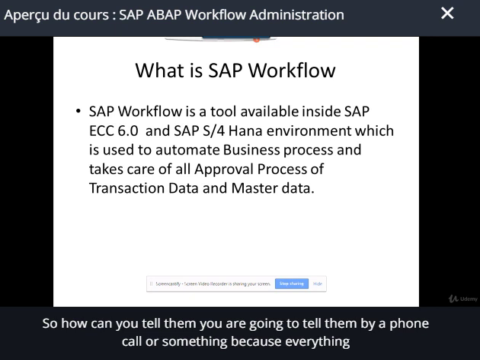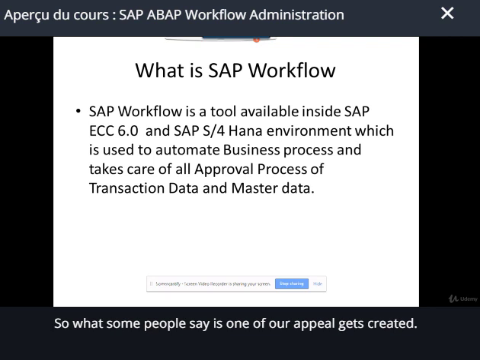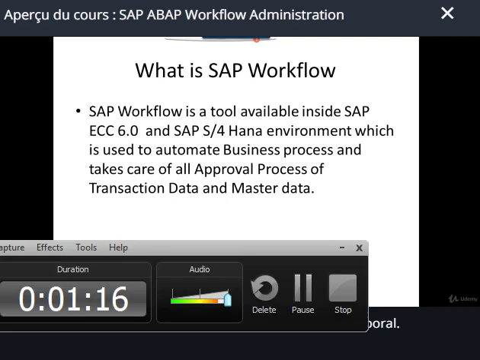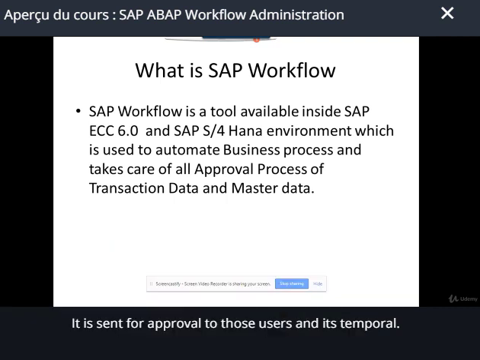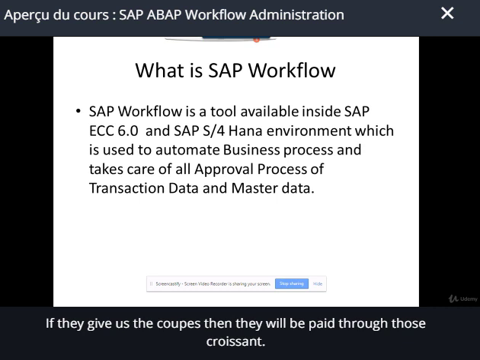You're not going to tell them by a phone call or something because everything is auditable. So what SAP Workflow does is, whenever a PO gets created, it is sent for approval to those users. And if they approve, then only the vendor is issued the purchase order. And that's like a commitment to the vendor. If they give us the goods, they will be paid through that cost center.